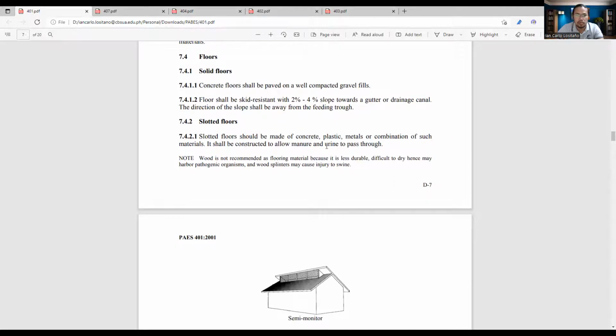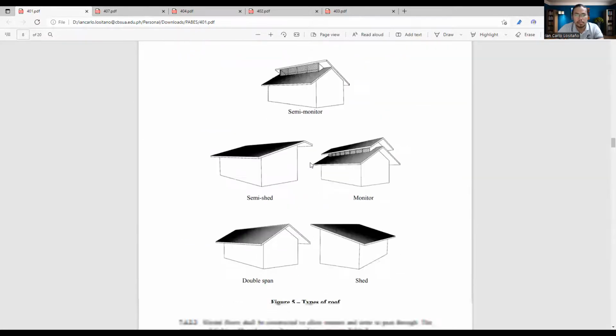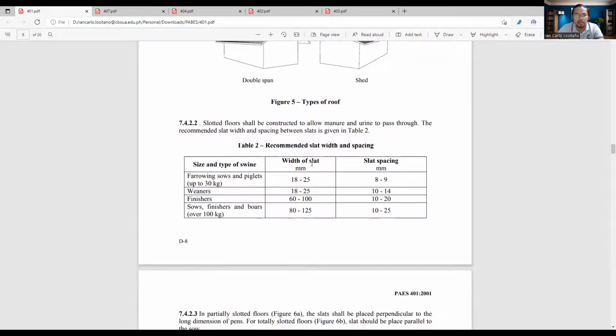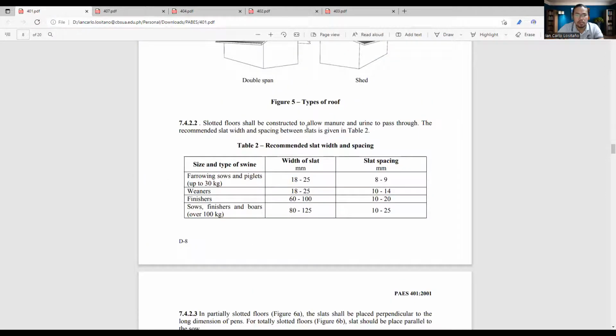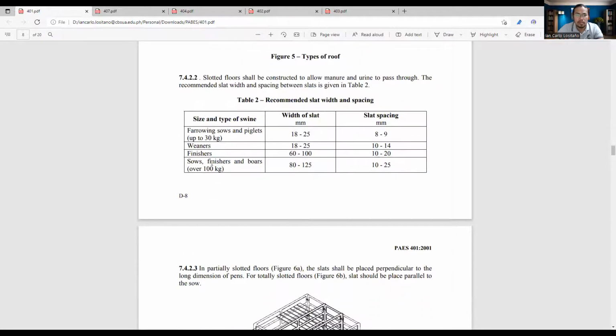But it shall be constructed to allow manure and urine to pass through. The slats will be further discussed here. So the slotted floors shall be constructed to allow manure and urine to pass through, and the recommended slat width and spacing between is given in table 2, depending on the stage of the pigs or the swine.